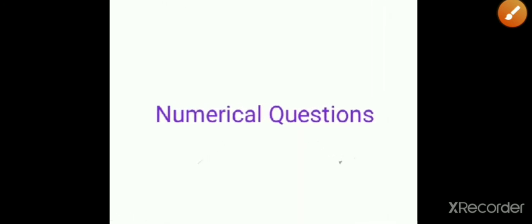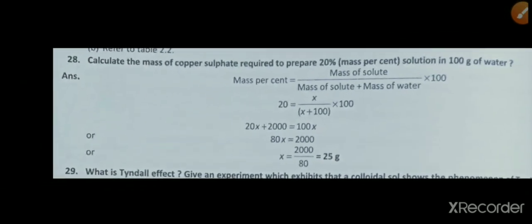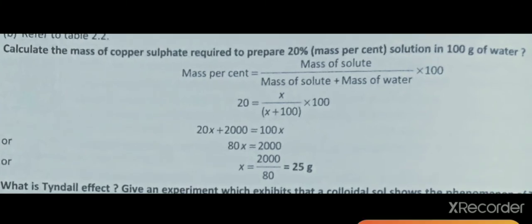Now students, in your offline classes we have seen the questions related to mass by mass percent, where the mass of solute and mass of solvent was given. So simply we first calculate the mass of solution and after that we get the mass percent of the solution.